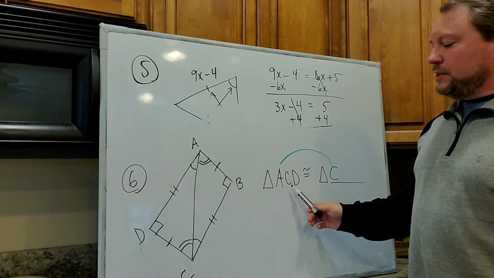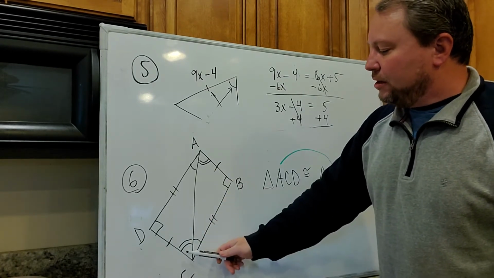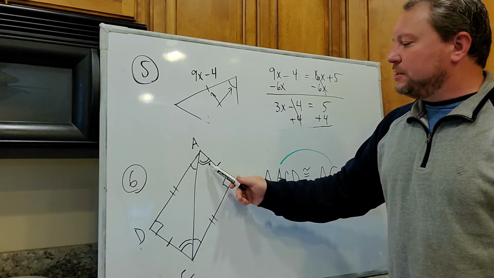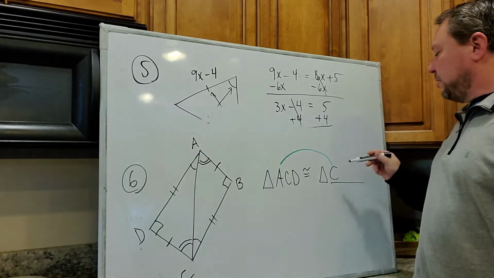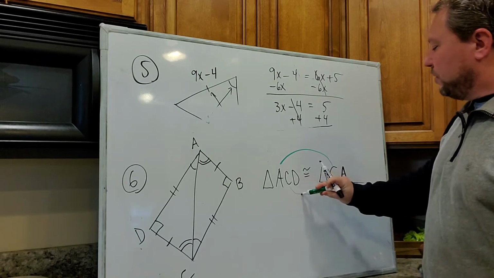My next letter was C. So on that first triangle, ACD, angle C is that double marking here. That's going to match this double marking on this triangle, which is the A on that one. So A would be my next letter that's supposed to correspond with this C.